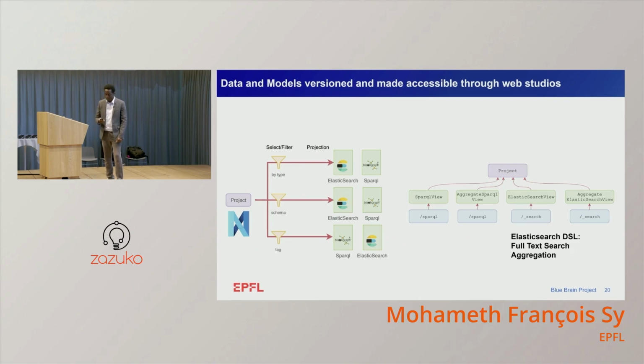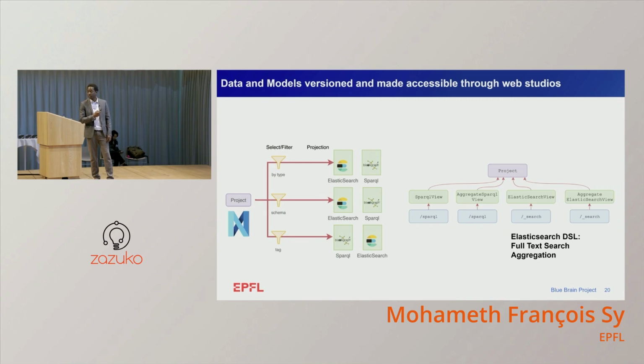I mentioned that we bucket the data, but there is a way in the system to bring them back, enabling a federated sort of view. Nexus enables anybody to create what we call views. You can query the graph: you write a SPARQL query that's going to query the graph, whatever project you like, and you can filter data by type, data that conforms to a given schema, or data in a specific tag or version.